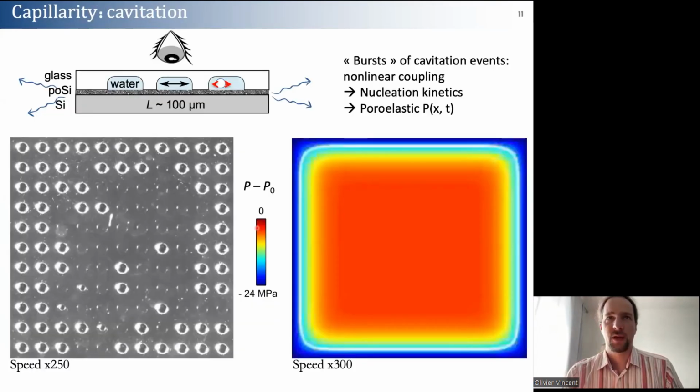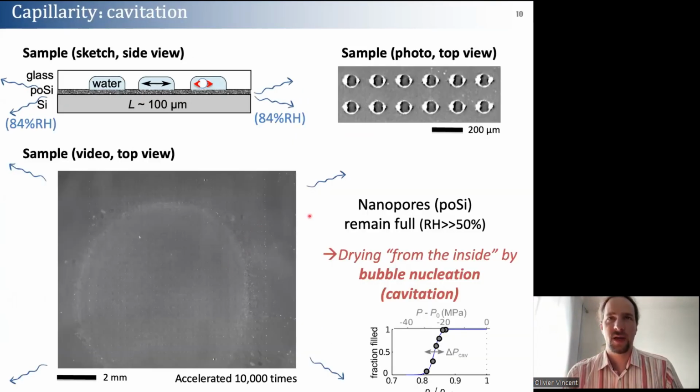So we don't see it. It doesn't mean that it doesn't happen, because the scales are so different that there might be tiny bubbles in some locations, but I don't really expect it because of confinement effects. I expect that the nucleation of bubbles within these nanopores would take much larger drawing forces to occur.